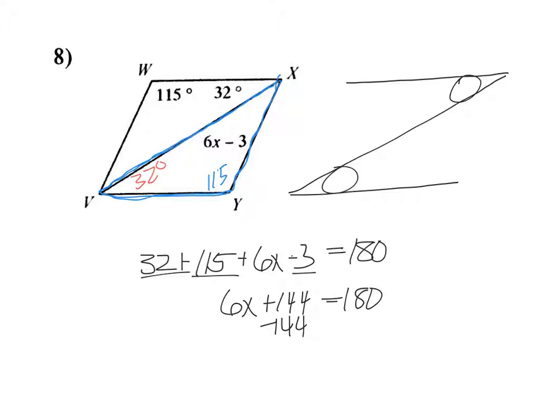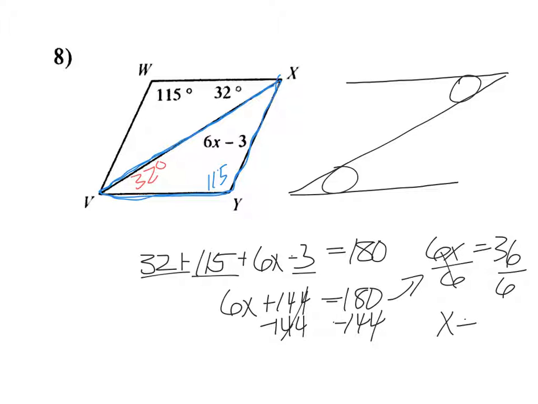Subtract 144. So it gives me 6x equals 36, divide by 6, and we get x is 6. So quite a bit of stuff in this lesson, to know characteristics of a parallelogram and how to set up your equations to solve.